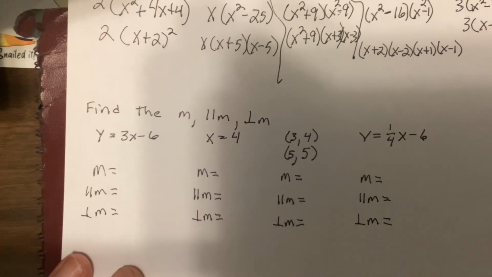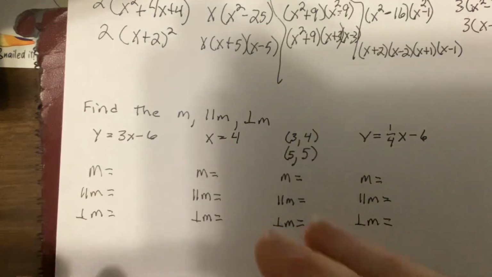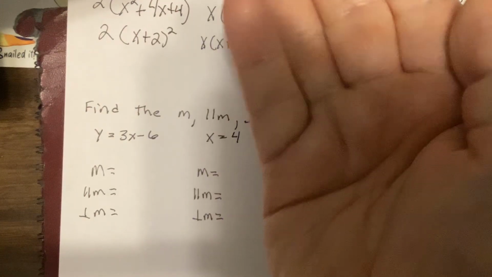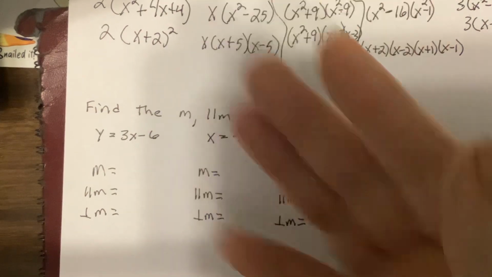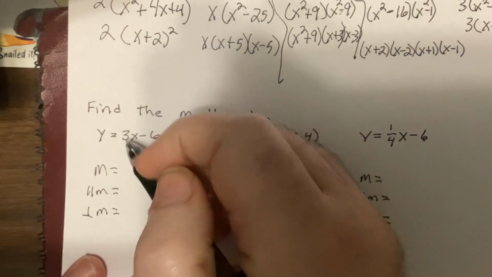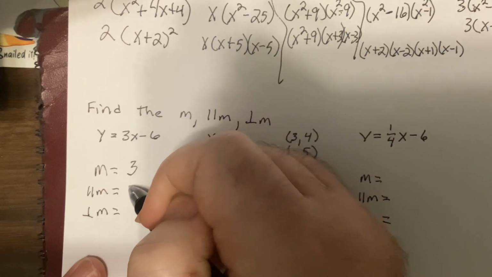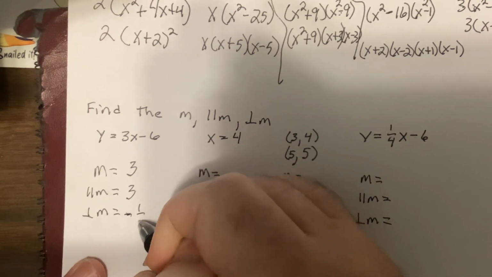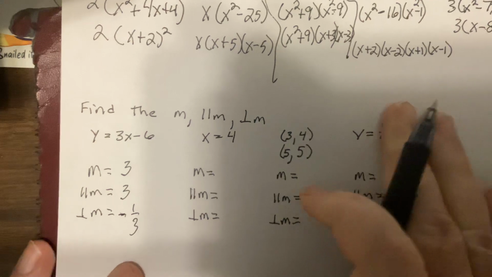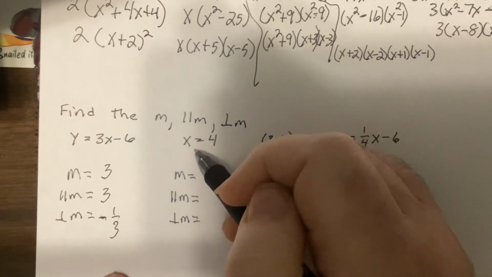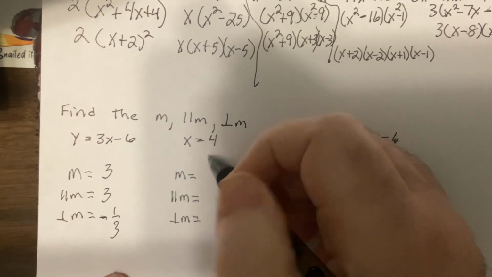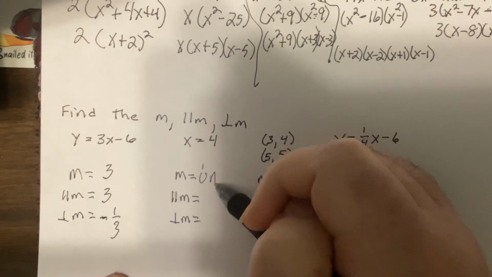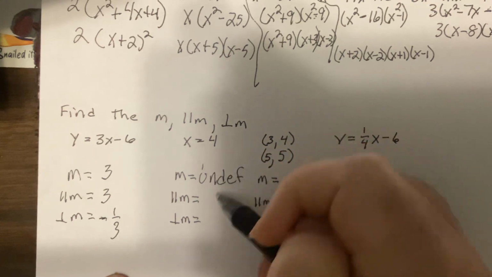Do you remember how to do it? Parallel, same, equals, perpendicular, negative reciprocal. So, here the slope is 3, parallel slope is the same, perpendicular, negative reciprocal. Here, x equals the numbers of vertical line whose slope is always undefined.